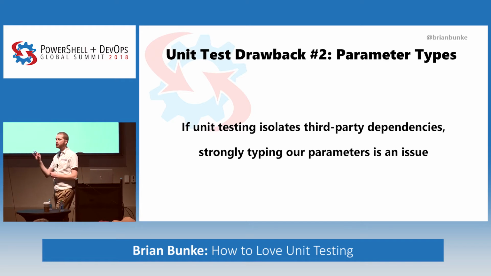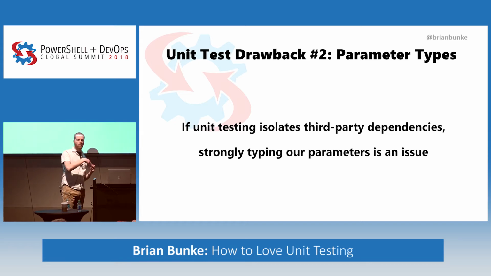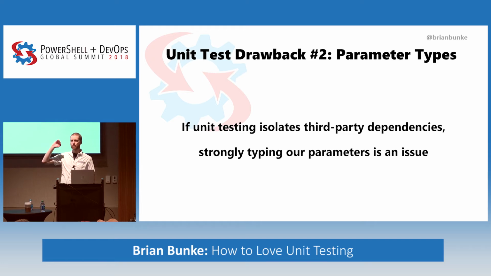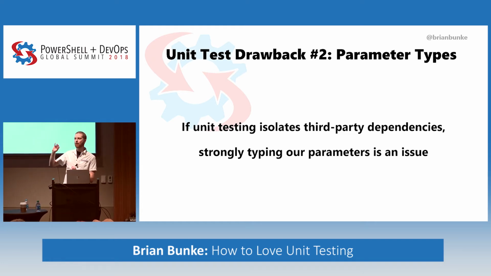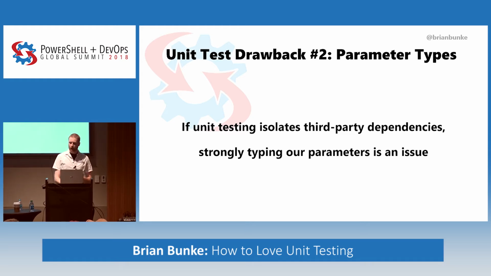Because if you do not want Active Directory on your test runner, if you do not want PowerCLI installed, those types aren't available. You try to import the module, and it looks for all required modules, and it checks all parameter types to make sure those types are available at runtime. And if they're not there, you're just going to fail.